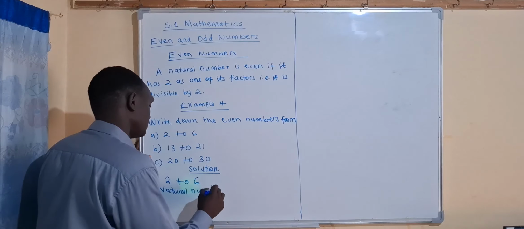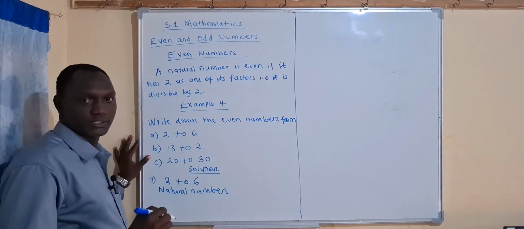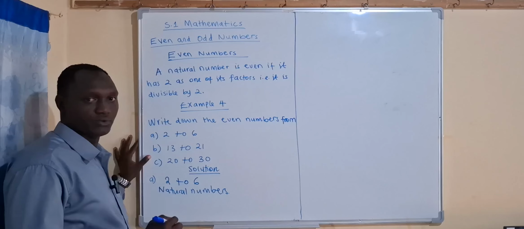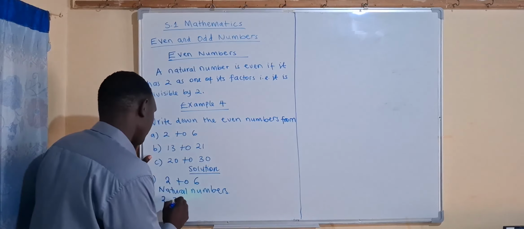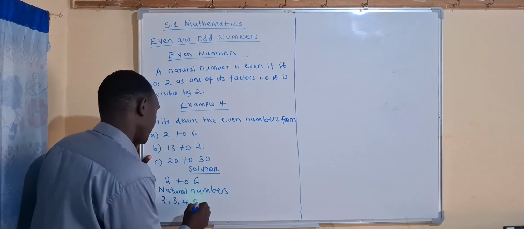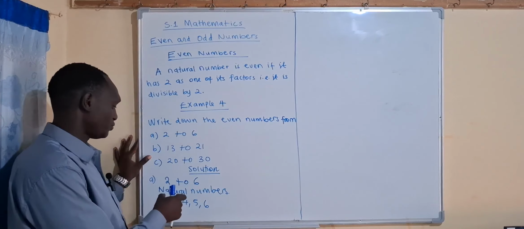It has said from 2 to 6, so we start from 2 and we stop at 6. We say 2, 3, 4, 5 and 6. These are the natural numbers from 2 to 6.